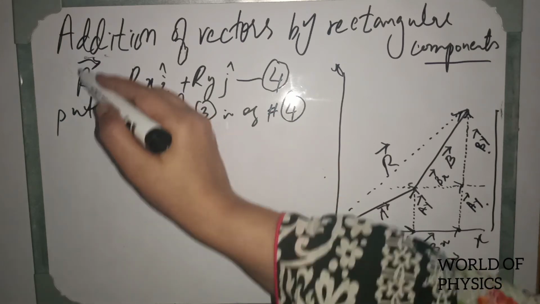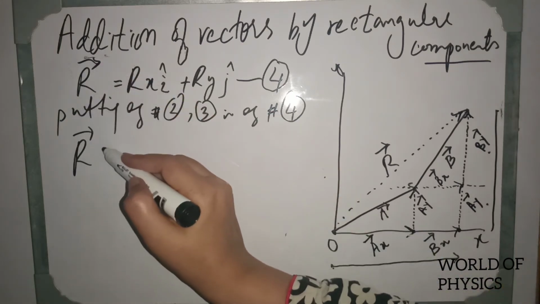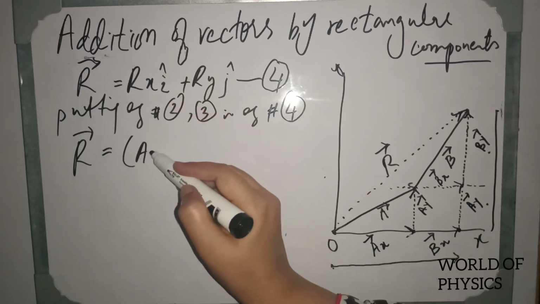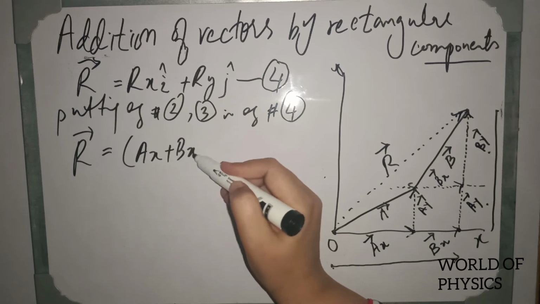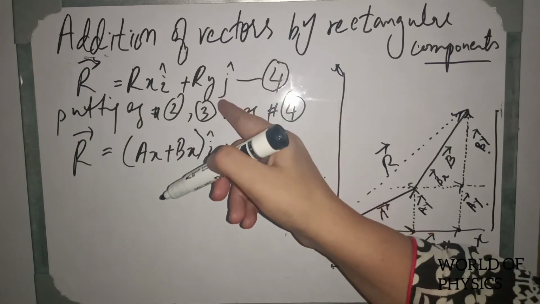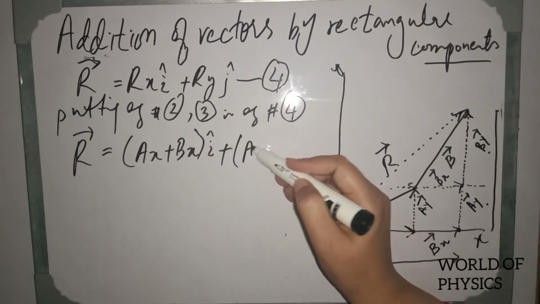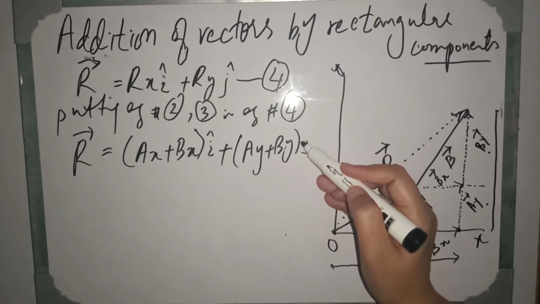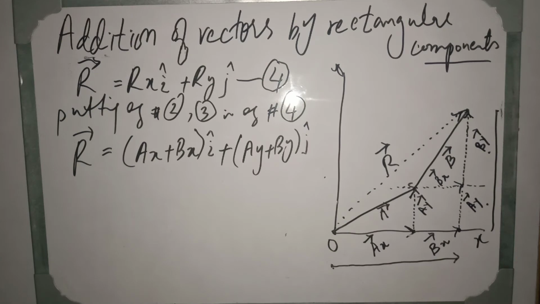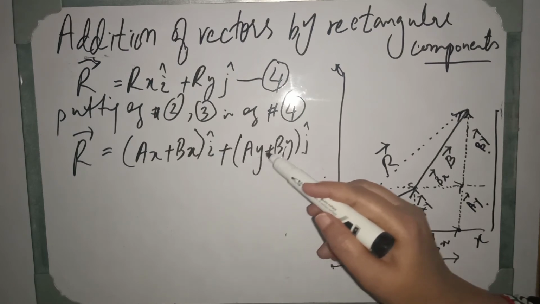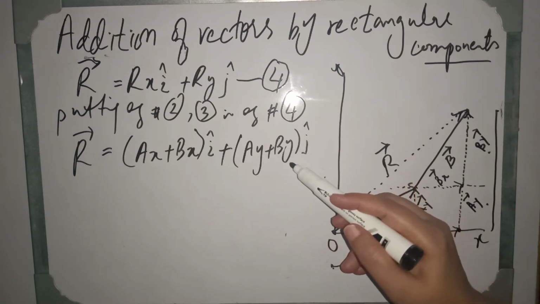By putting these values, the value of r is equal to, instead of rx, I will write down ax plus bx, and common is unit vector i, plus instead of ry, I will write down ay plus by, and the unit vector is j. I have written this equation: r equals ax plus bx into i unit vector plus ay plus by into j unit vector.